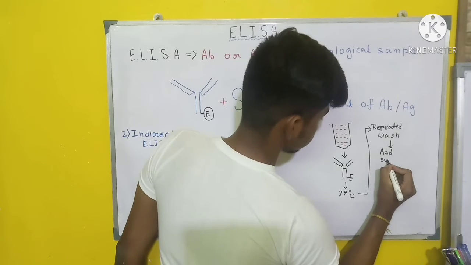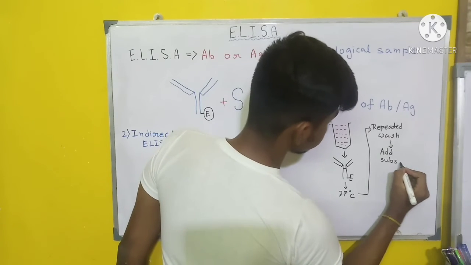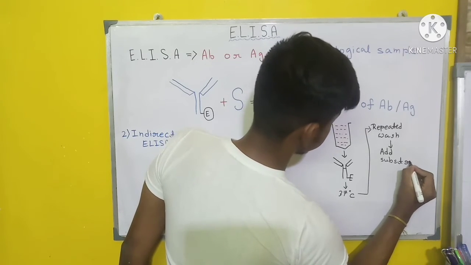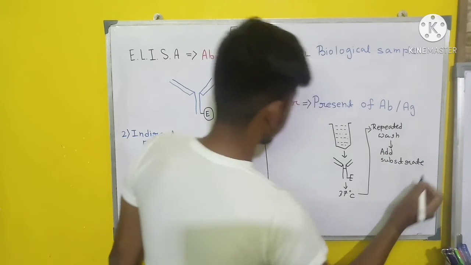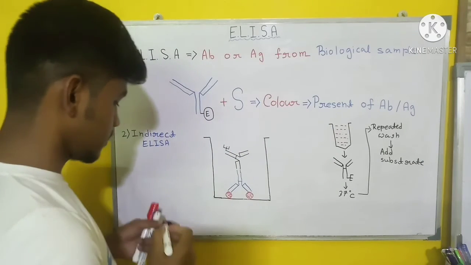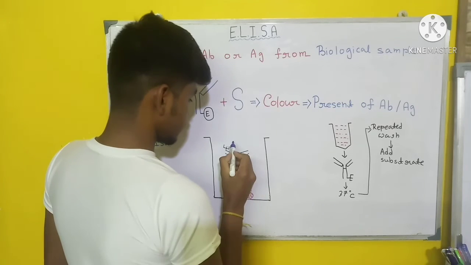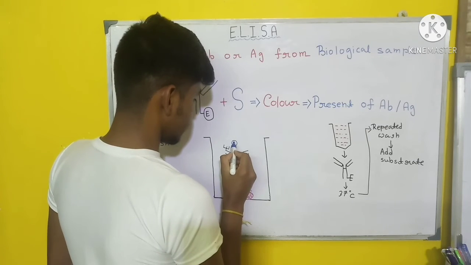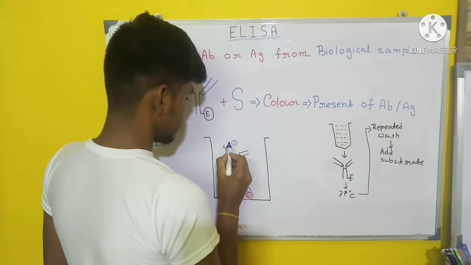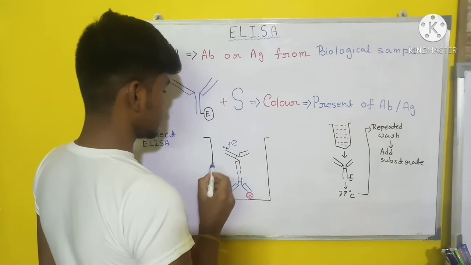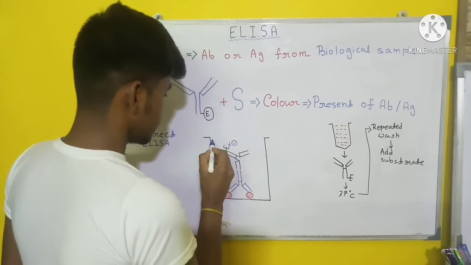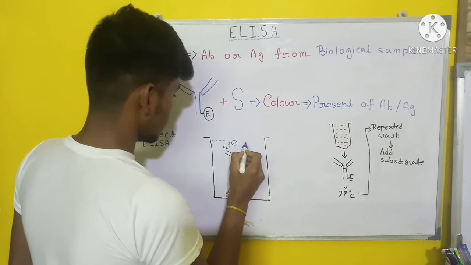substrate. When we add the substrate, it will react with the enzyme linked antibody and change the color of the well.